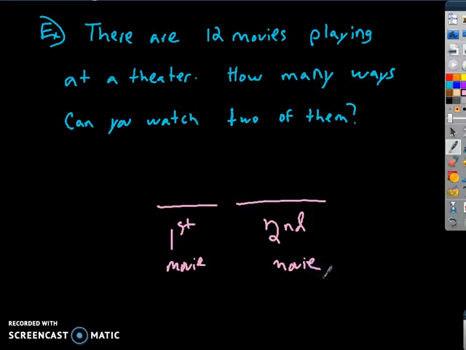We have 12 movies to choose from, so I have 12 options for my first movie. If I want to watch 2 of them, my second movie has to be a different movie. So after I watch my first one, I only have 11 options left for my second movie. So my answer is 12 times 11, which is 132 ways.